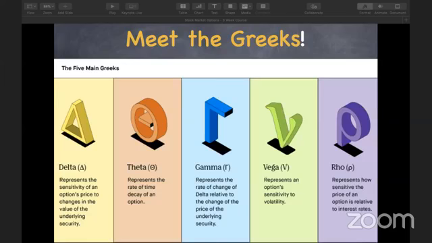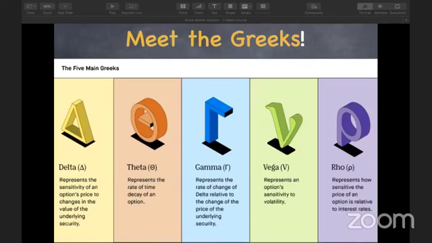Even though V is not a Greek letter, Vega is not a Greek word or letter, Wall Street has its own rules, so it made its own Greek letter. But V represents volatility, right? Because we know stocks go up, stocks go down, it's choppy waters, and it's a risk factor. Vega represents that risk factor in the stock options universe.